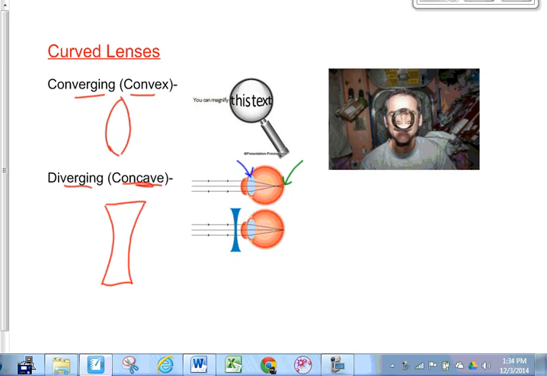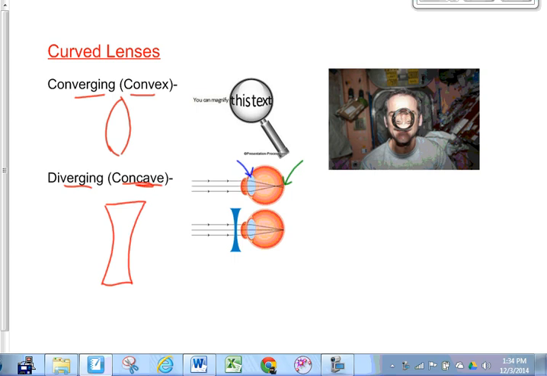But when I take my glasses off, they don't. The rays of light focus in front of my retina because the lens in my eye doesn't work properly. The muscles in my eye don't change the shape of the lens enough to cause the light to refract in the right place. The lens of my eye refracts the light too much and causes it to converge and focus in front of my retina.